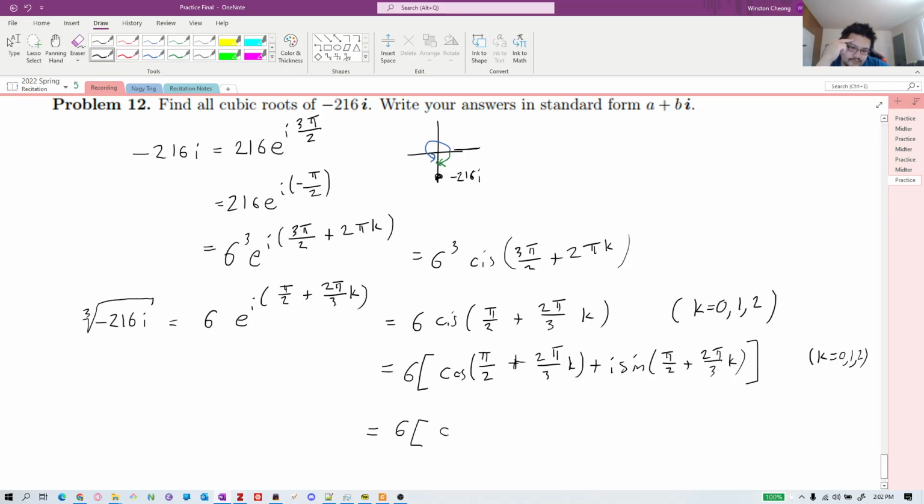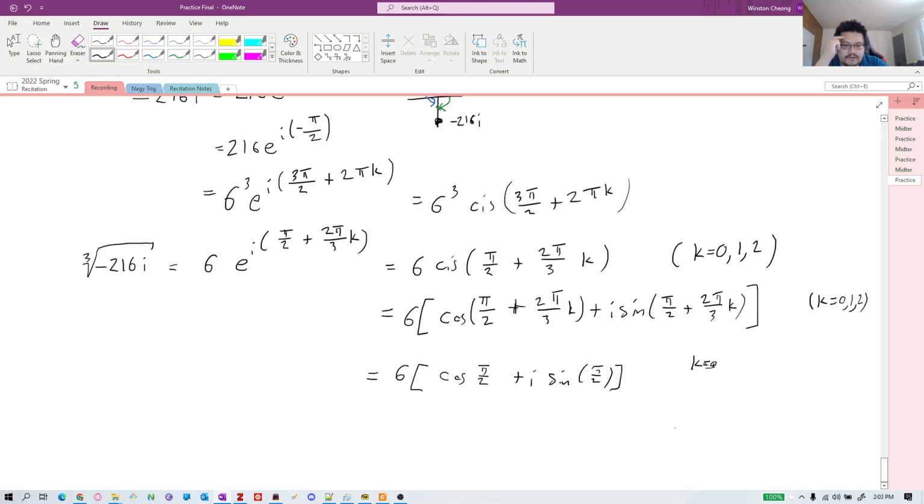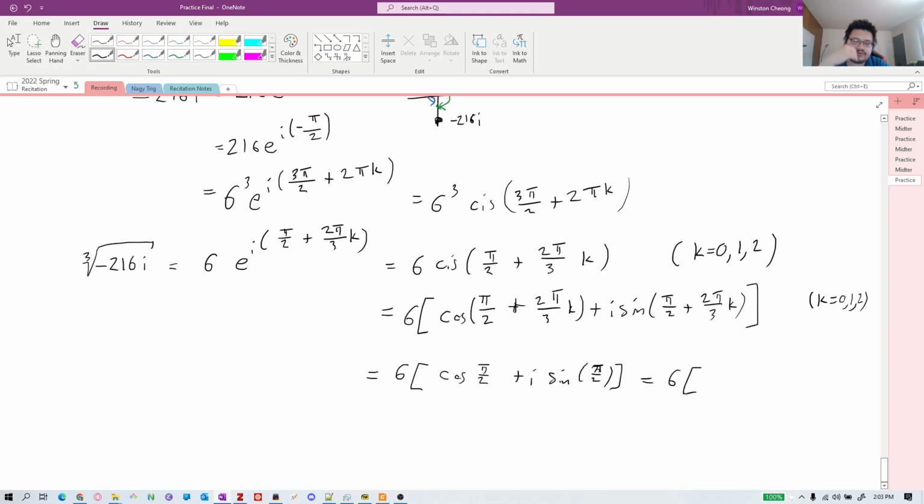For k equals 0, we get cosine of pi over 2 plus i sine of pi over 2. This is for k equals 0. Okay, fine. 6 times cosine of pi over 2, you'd probably think about the unit circle.